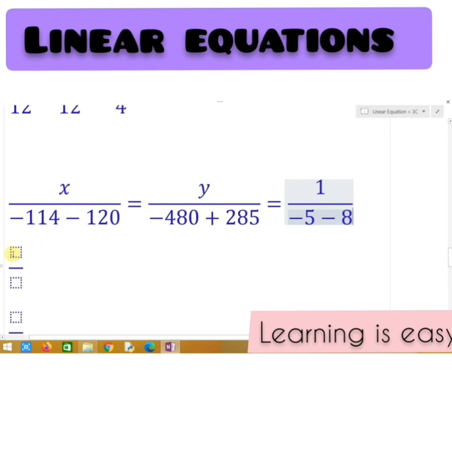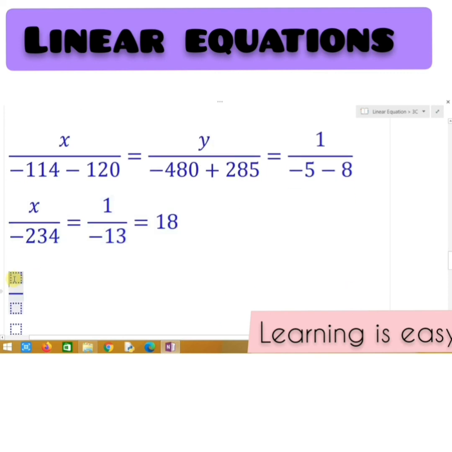So by equating x and the constant value, we get the value of x. X by, both are negative integers, so we need to add them. Minus 234 equal to 1 by minus 13. Minus 234 goes to the numerator, and the value of x is 18.